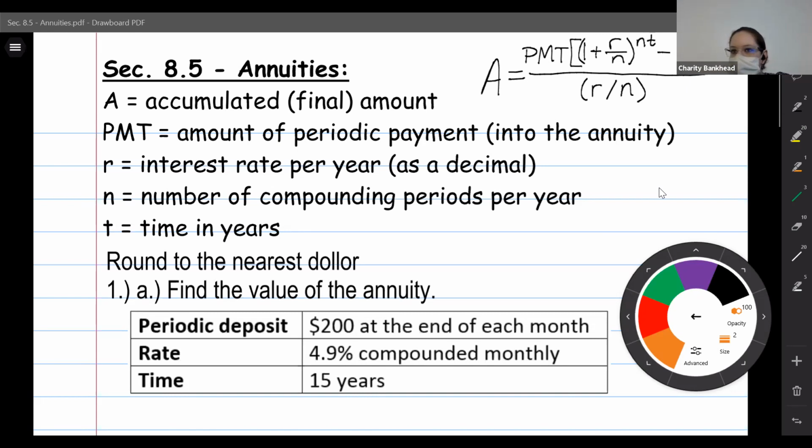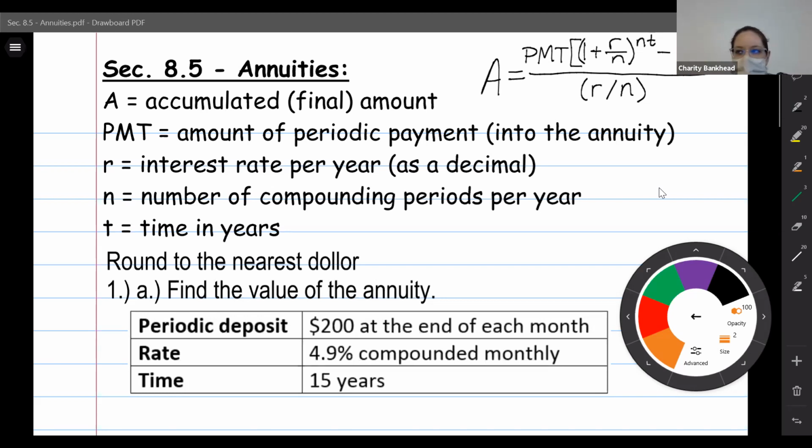Last time in 8.4, we just did the basic compound interest, which is where you start out with a certain amount of money and the money just builds interest over time. And this is different because you're depositing a certain amount of money multiple times, like for example, every month.